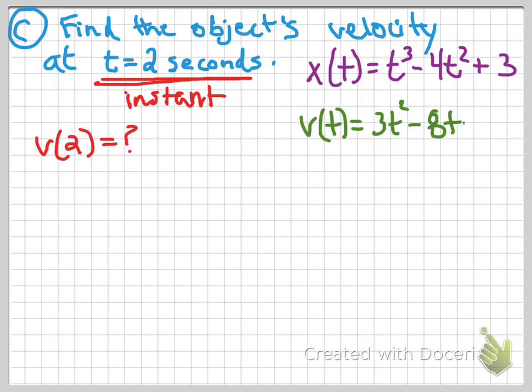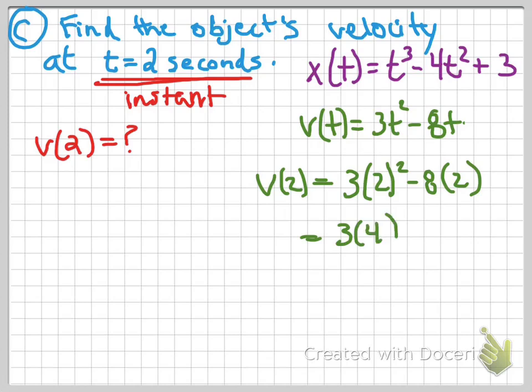There is my equation. I want to know the velocity at 2 seconds, so I'm going to find v of 2 by plugging 2 into my derivative. 3 times 2 squared minus 8 times 2. So I'm going to have 3 times 4 minus 16, which is 12 minus 16, which is negative 4. It just happens to be the same answer as earlier.